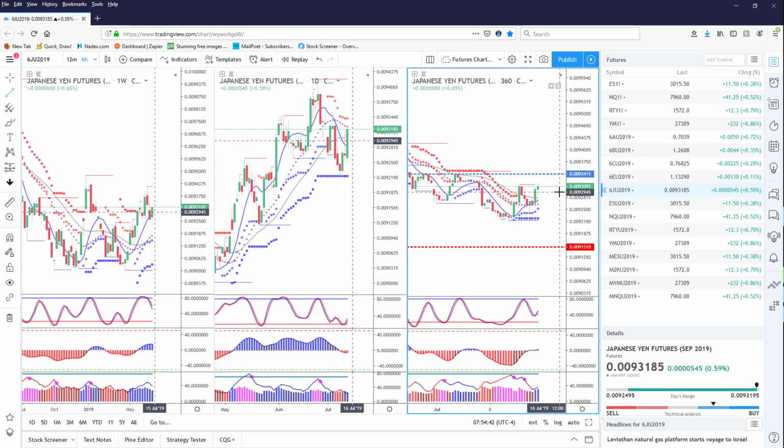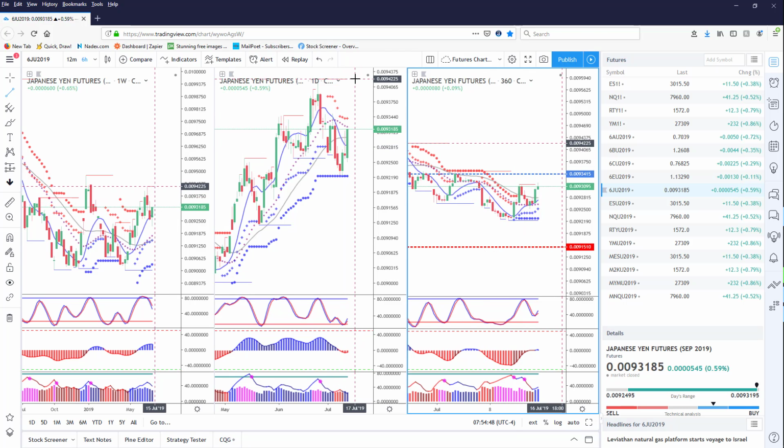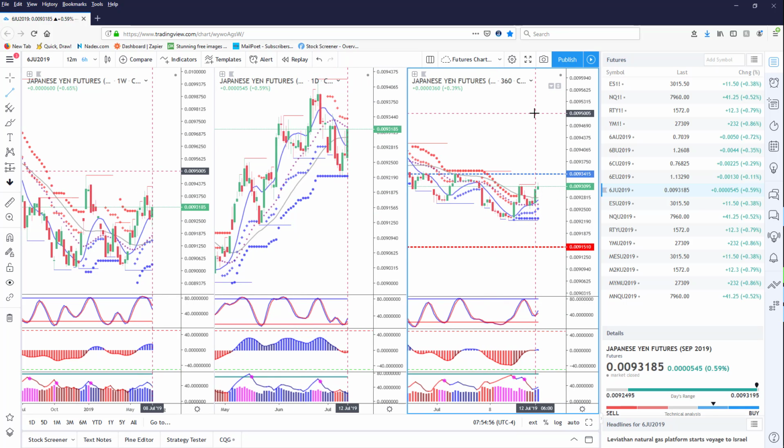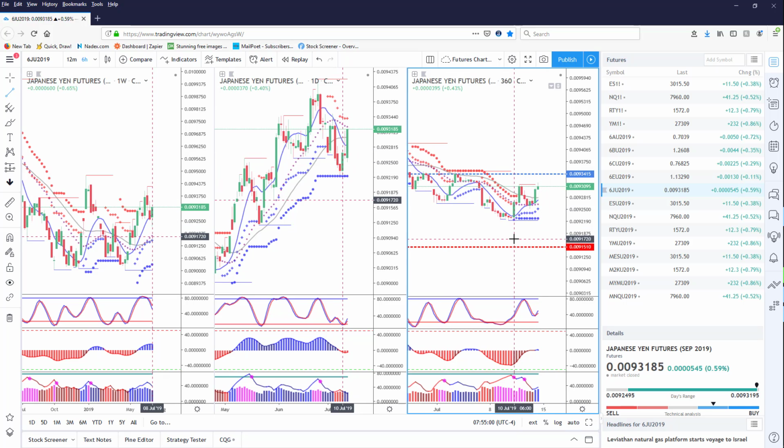And currently the way it looks, I don't think it's going to hold. I think they may go back through it. It may even come back to 94.22. They may even break through that area. So I would be looking potentially for a long on the Japanese yen futures.